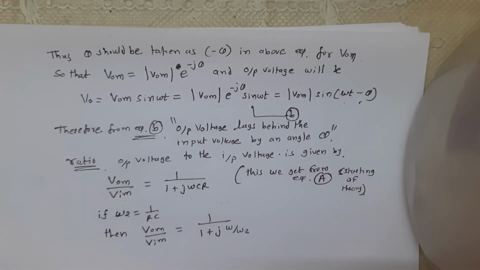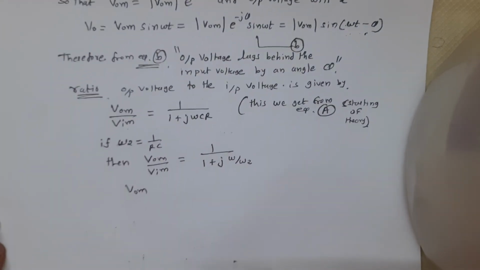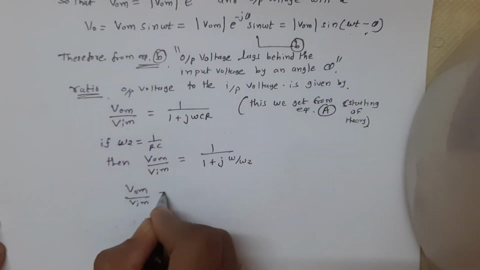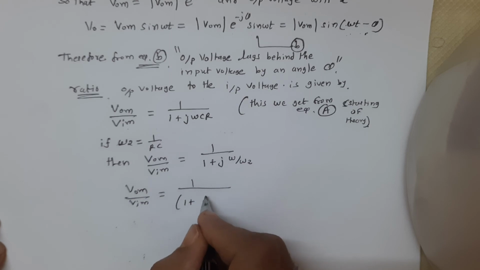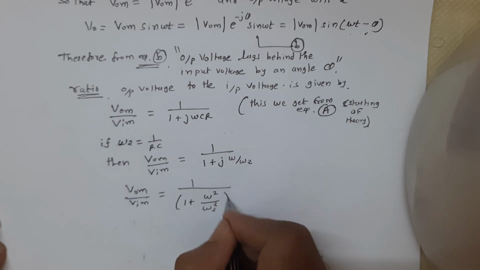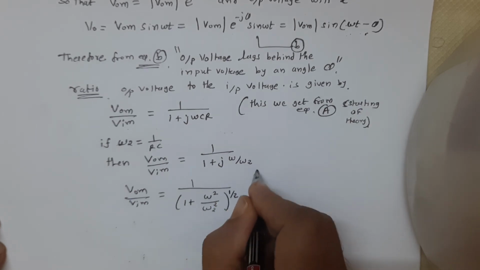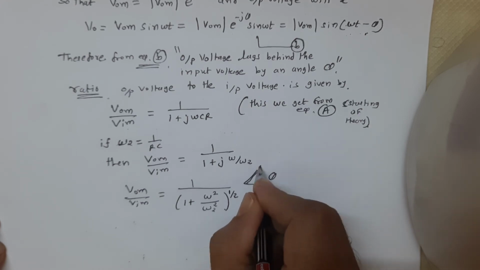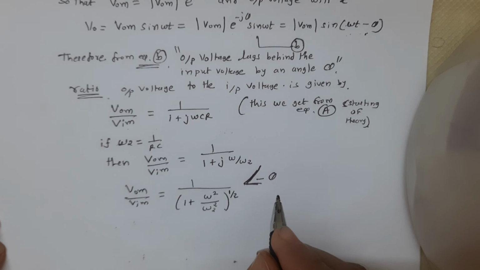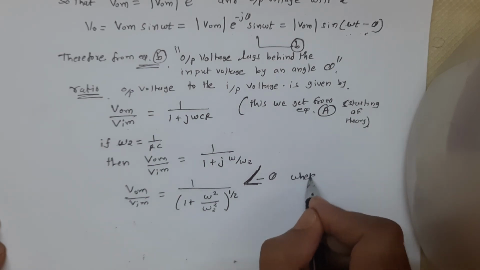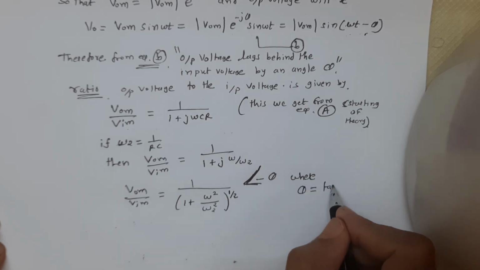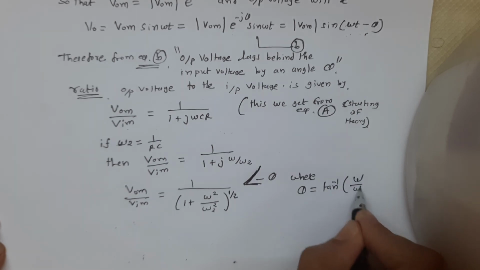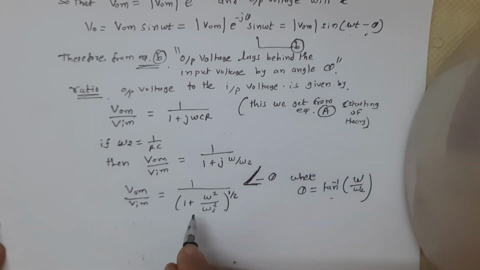Hence we can write VOM upon VIM equal to 1 upon 1 plus omega square upon omega 2 square, whole raised to 1 by 2, angle minus theta, where theta is equal to tan inverse omega upon omega 2.